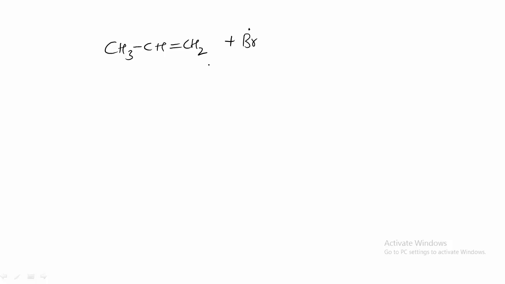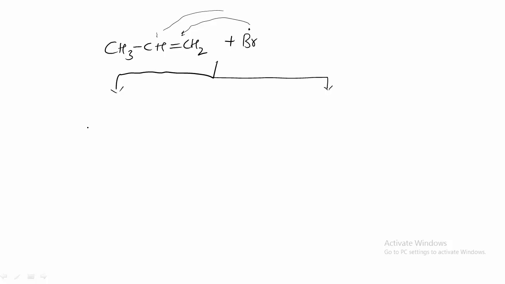Now there will be formation of 2 kinds of free radicals. One is primary and another one is secondary free radical. So this Br, it may take the electron from here, or it may take the electron from here.